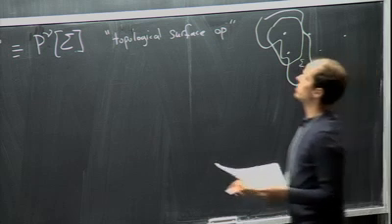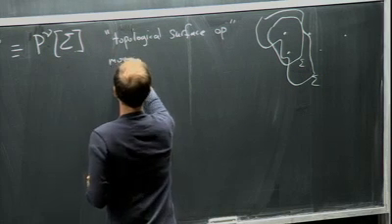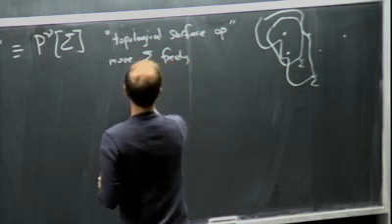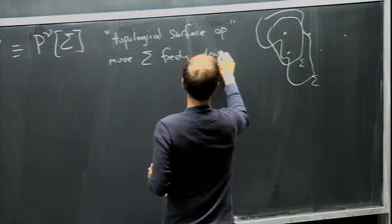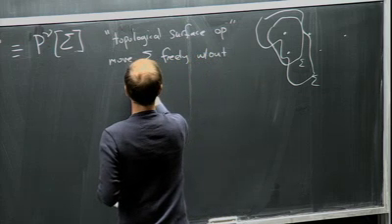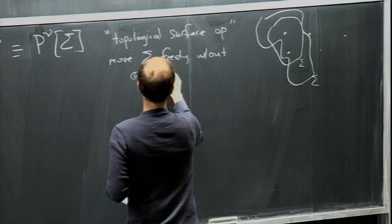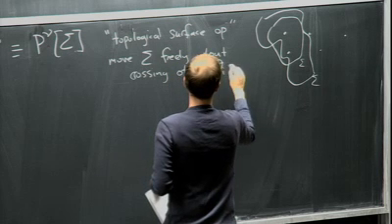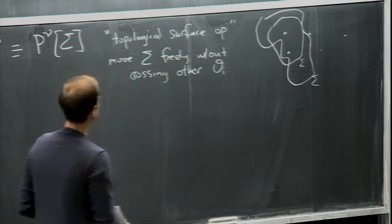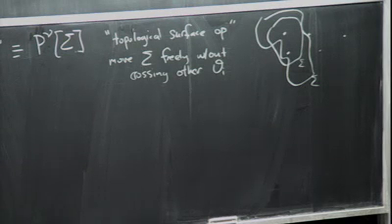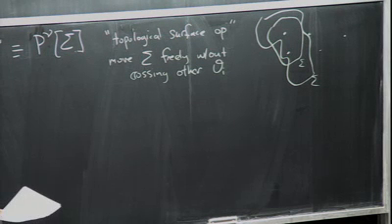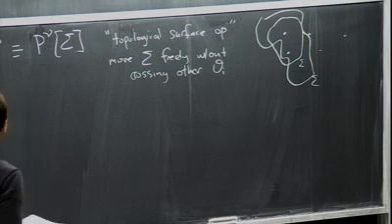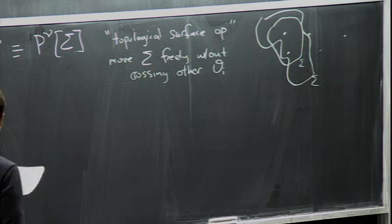This means we can move sigma freely as long as we don't cross any other operators. This is all very natural to do in a path integral. It follows automatically from conservation.